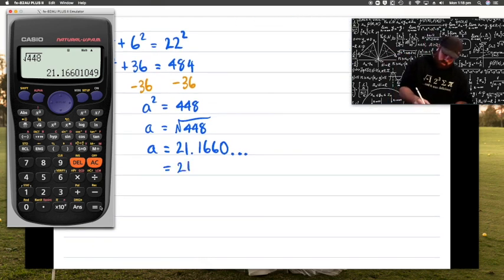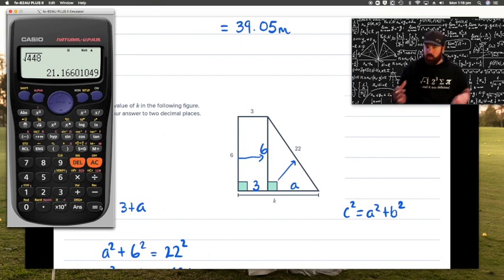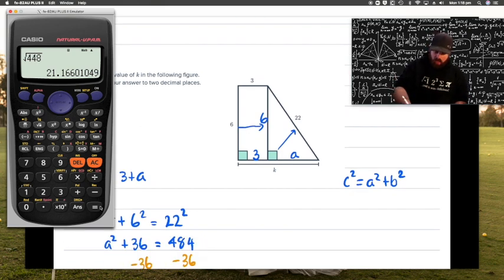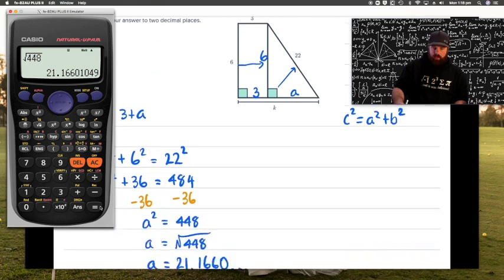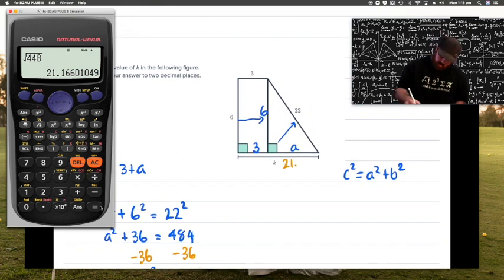So we have 21.17. Now, are we giving any units? If we look back at our question, there's no units. So we're almost finished here. All we have now is that we know the value of A is 21.17. We know that's the value of A, but it's not what K is yet.